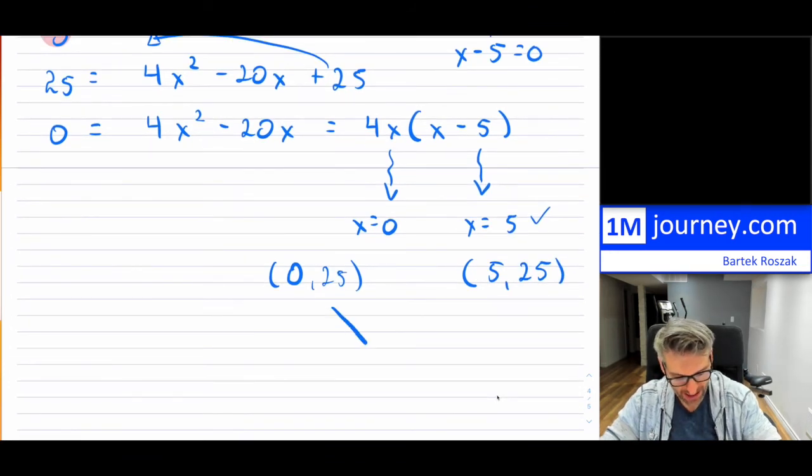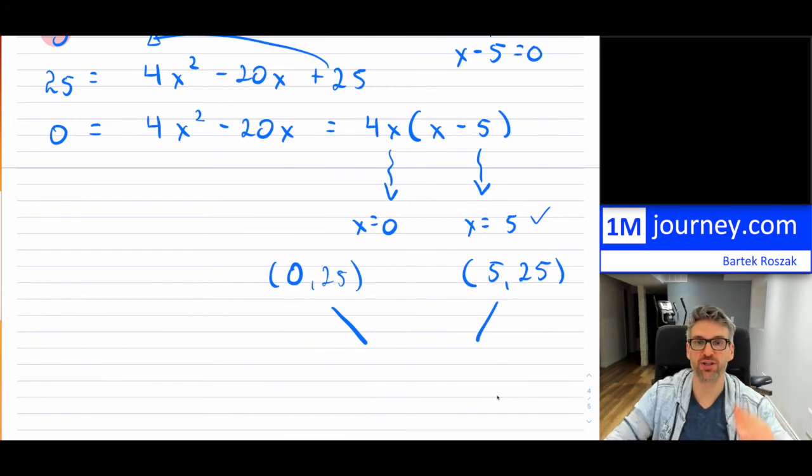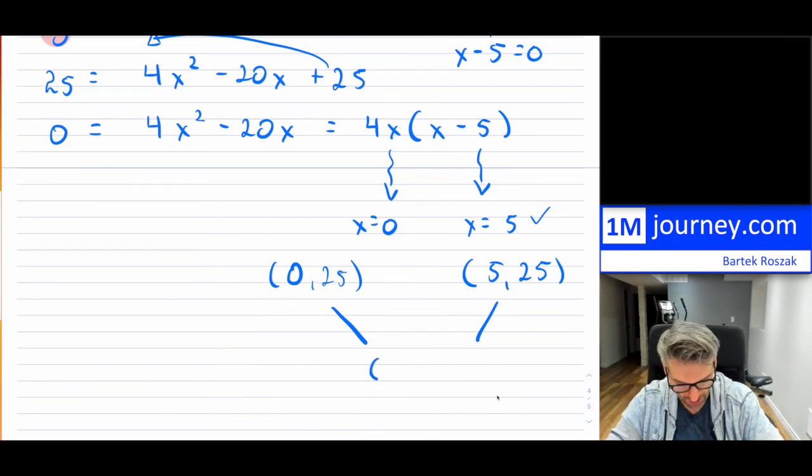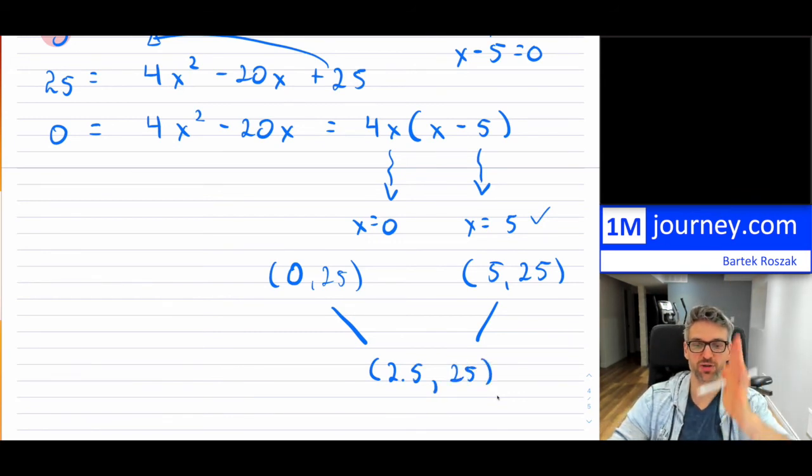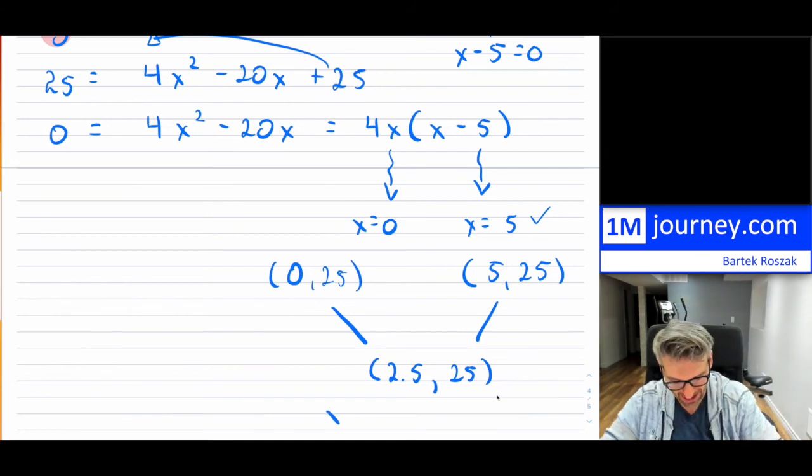Now, if you take the average, because we want to find the line of symmetry, where it cuts this in the middle, you will find that 0 plus 5, divided by 2 is just 2.5. So your line of symmetry is going to be happening at x is equal to 2.5.